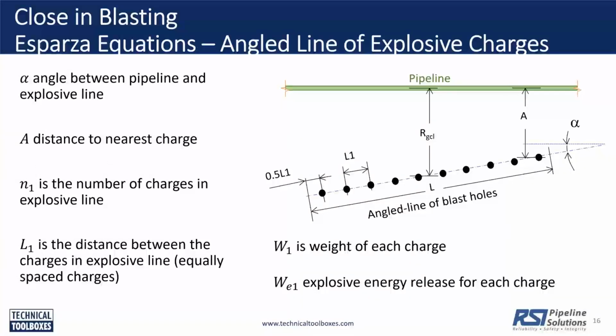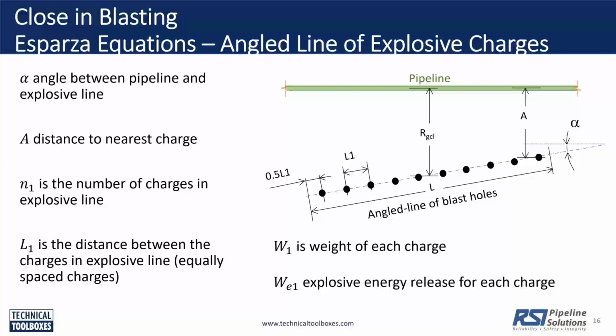So that was the situation where we only had one point source. There are equations for line source as well, and I'm not going to go through them because they are similar. But Esparza and his colleagues, when they did their research program to come up with the equations, did testing and experiments for point source, line source, and a grid source.